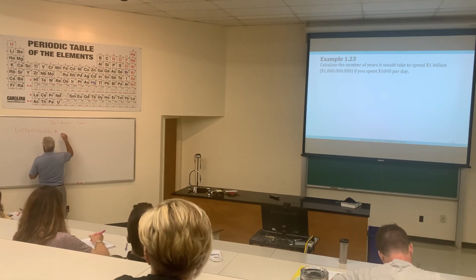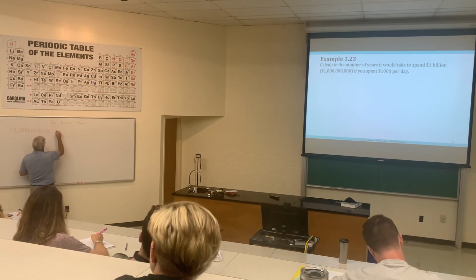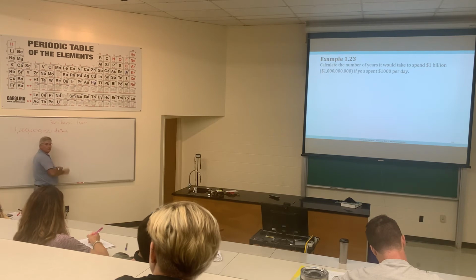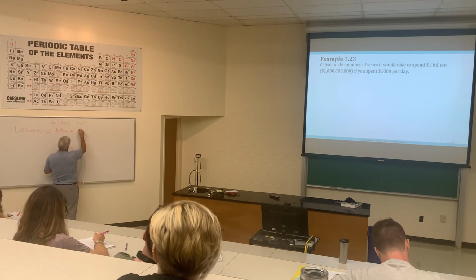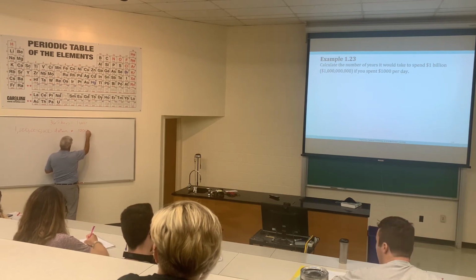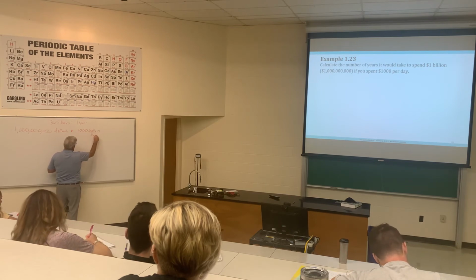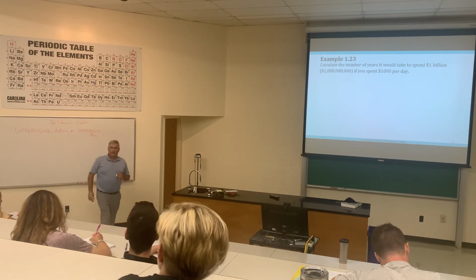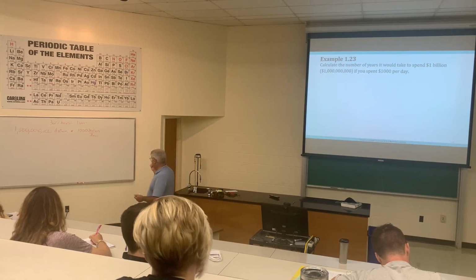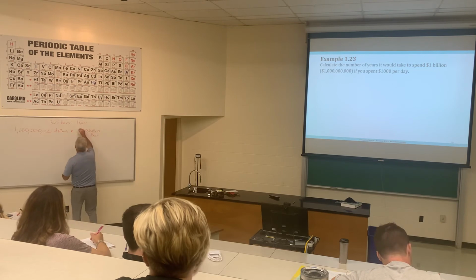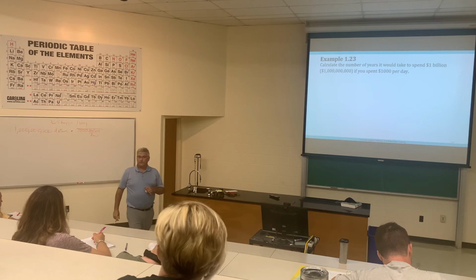Times, let's do it this way because I like it better. Dollars, right? $1 billion times 1,000 dollars per day. Now wait a minute, what did I do wrong there? I've got to divide it. Now I'm doing everything by multiplication, so this is the way I fix it. I just put a 1 over. Okay, you guys see that?